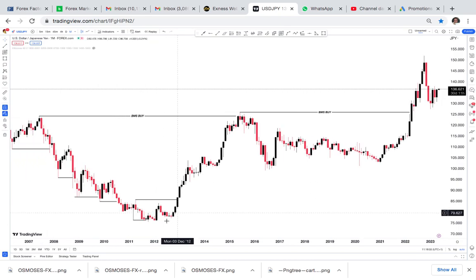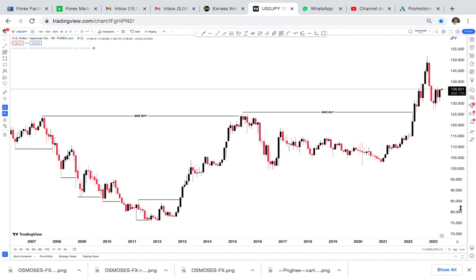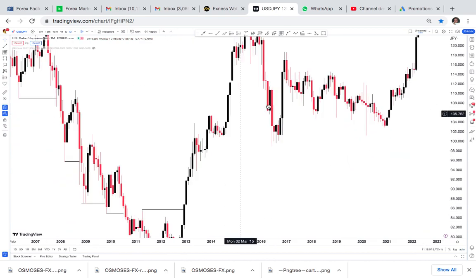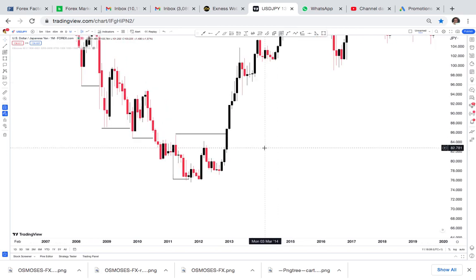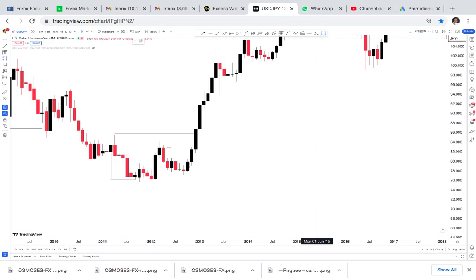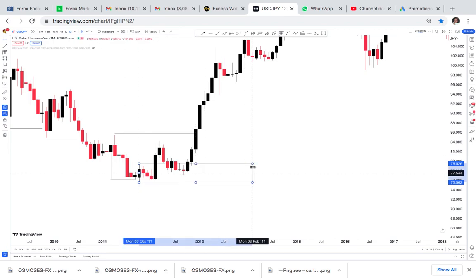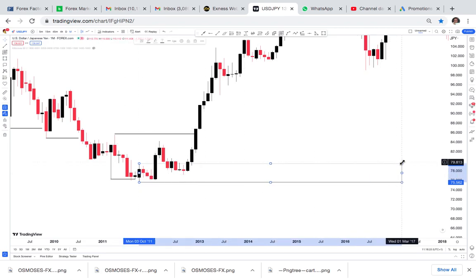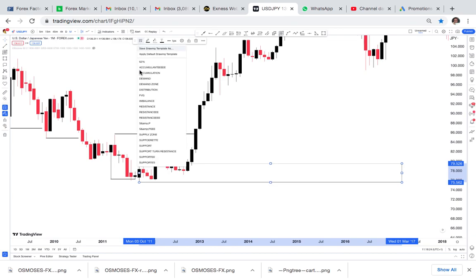I like my order block to be from liquidity points, so I really love this one here to be my unmitigated demand. Here, there's a demand. So let me put in a demand zone.